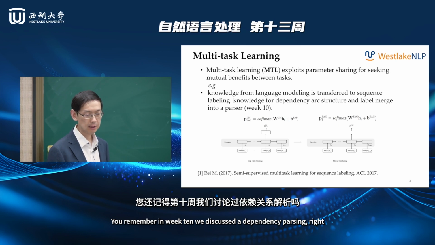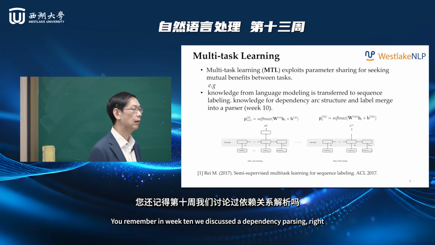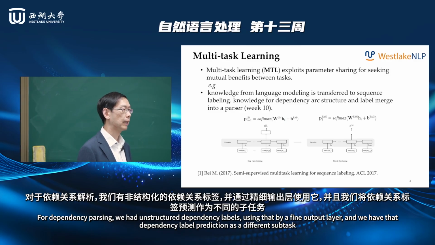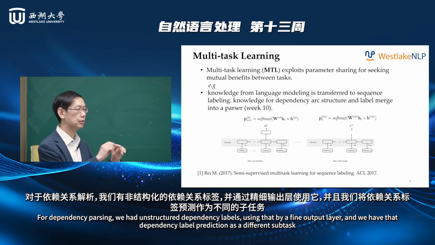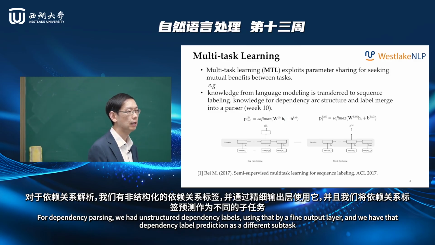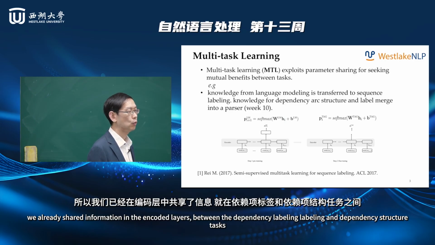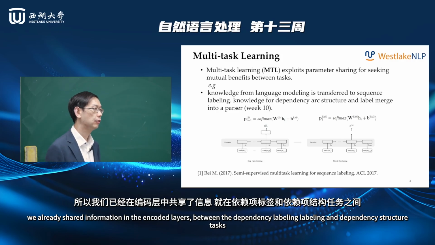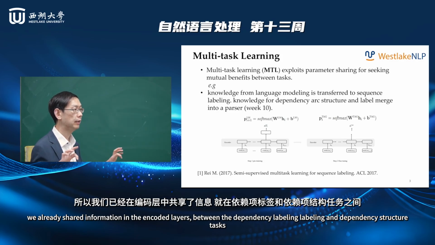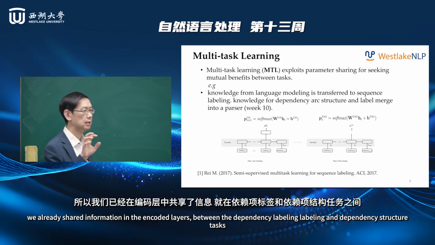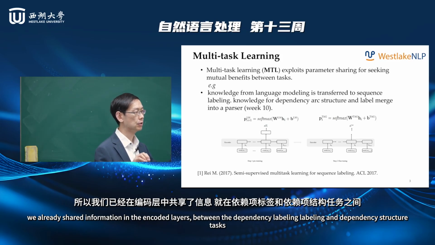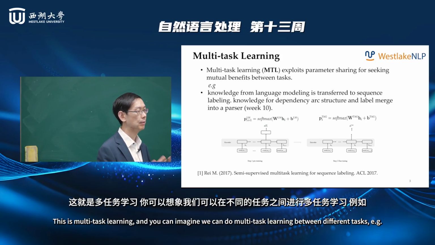For dependency parsing, we had unstructured dependency labels using that biaffine output layer, and we have that dependency label prediction as a different subtask. So we actually already shared information in the encoder layers between the dependency labeling and the dependency structure tasks. This is multitask learning.